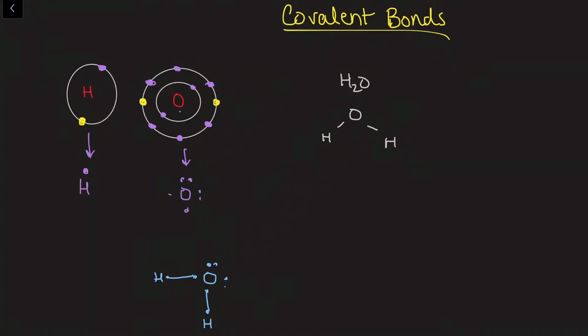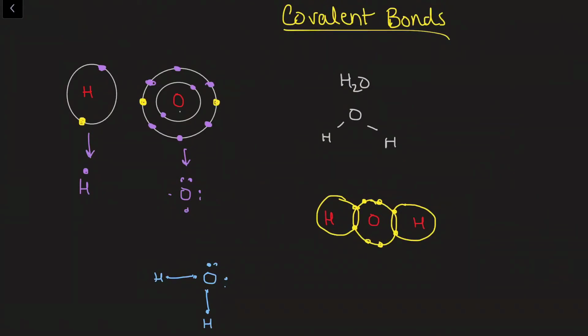So essentially, what's happening is you have an oxygen atom in the center and 2 hydrogen atoms bonding like this. Oxygen has 4 valence electrons that are not shared, and it shares 1 valence electron with each hydrogen atom. And the hydrogen atoms share their 1 valence electron with the oxygen atom.